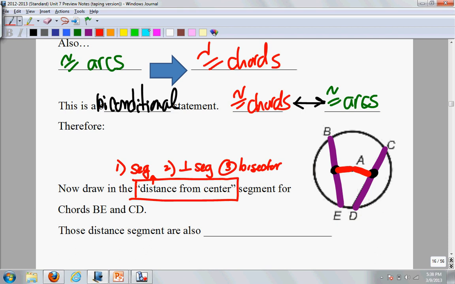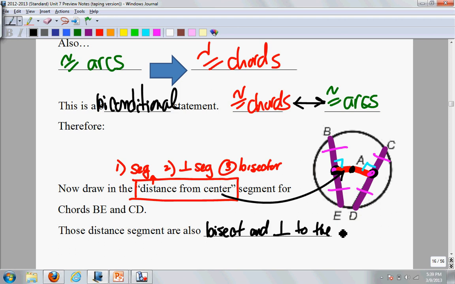And it does two things. One, the distance from the center creates a right angle. Two, the distance from the center bisects the chords. So these two red segments are what would be called distance from the center. Those distance segments also bisect and are perpendicular to the chord.